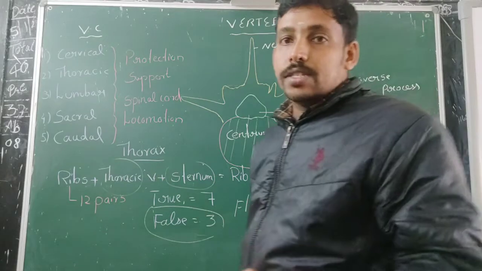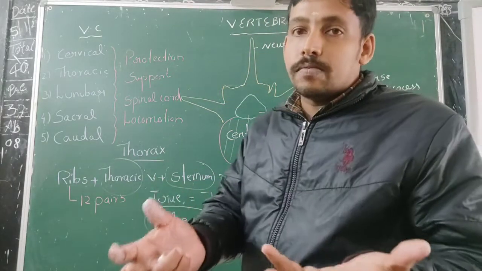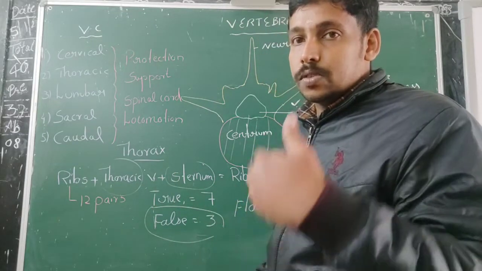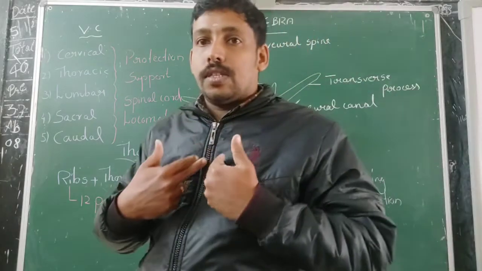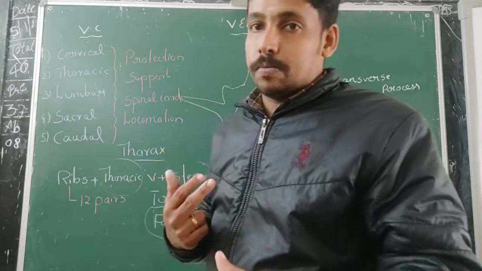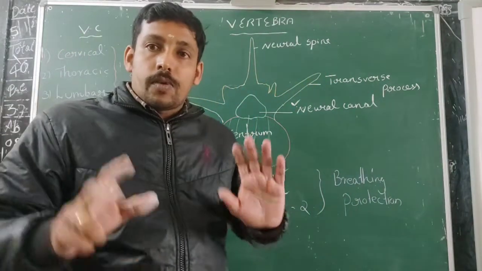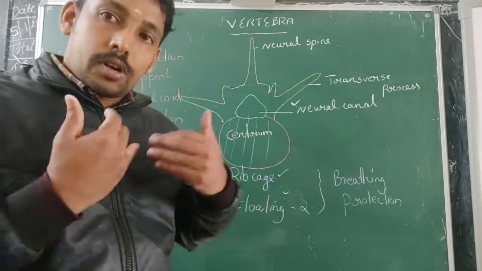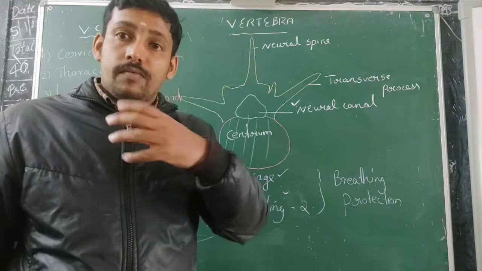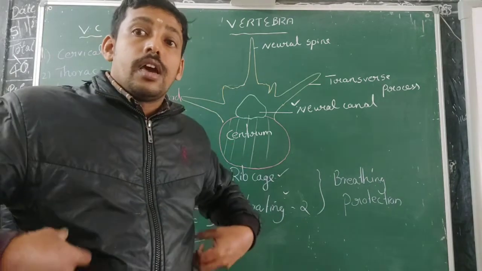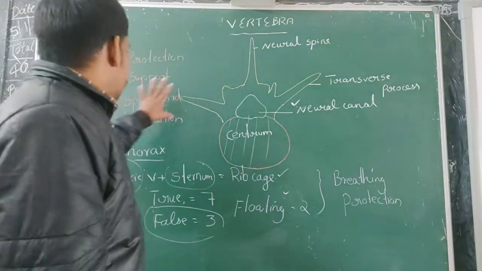There are 2 pairs, and they do not have any contact with the sternum. Here in this region we can see the chest bone, known as the sternum. What is the function of all these bones? They are very helpful for protection and support. They protect our internal organs, and for breathing we need the sternum as well as the rib cage. So that's all about these things.